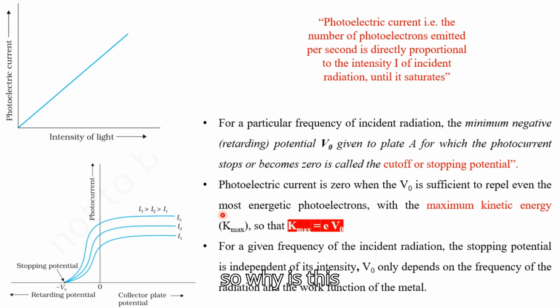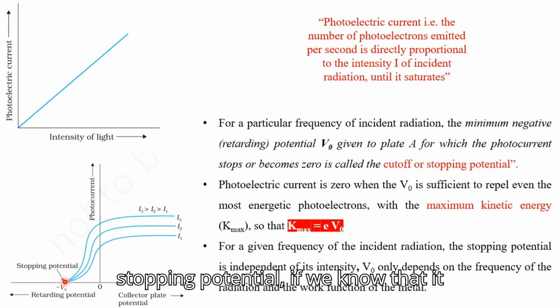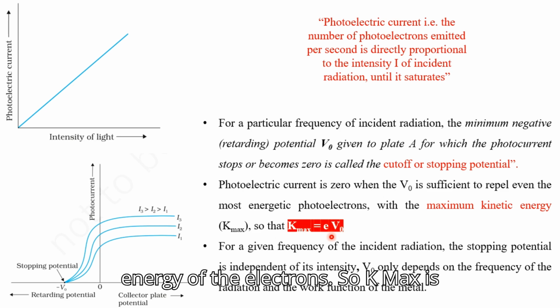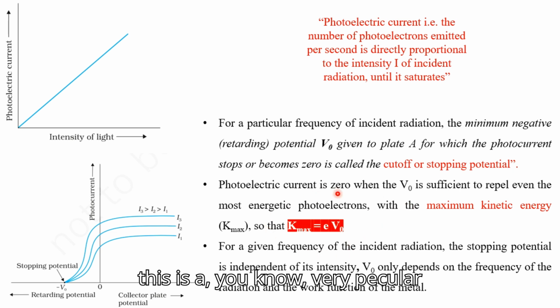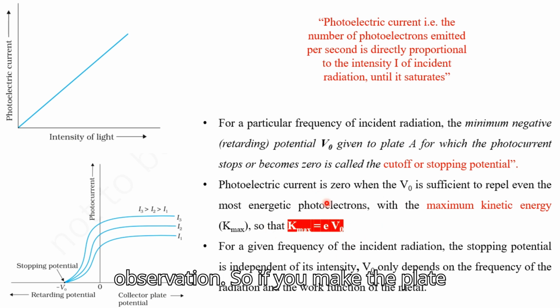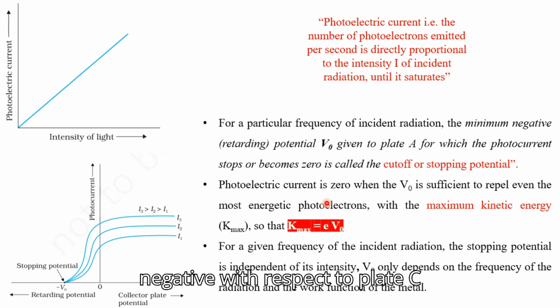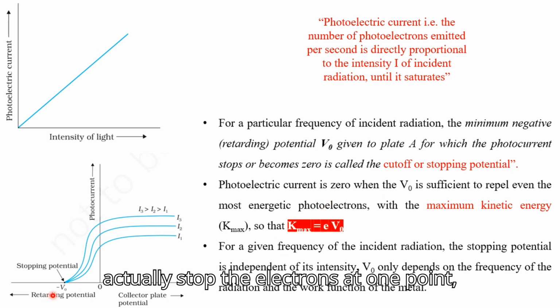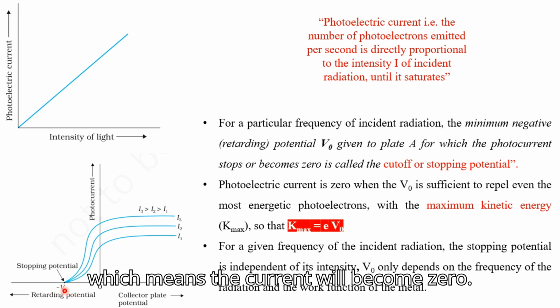Okay, so why is this stopping potential important? If we know it, it allows us to calculate the energy associated with the maximum kinetic energy of the electrons. So Kmax is given by eV0. This is a very peculiar observation. If you make plate A negative with respect to plate C, the emitter plate, we can stop the electrons at one point, which means the current will become zero.